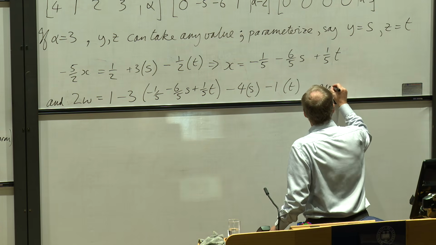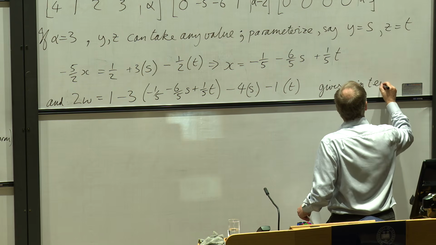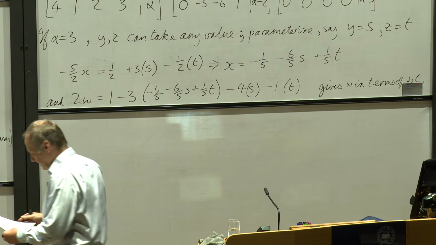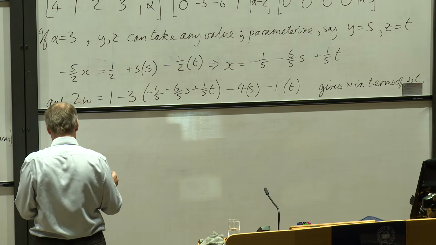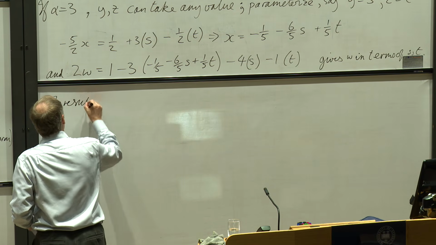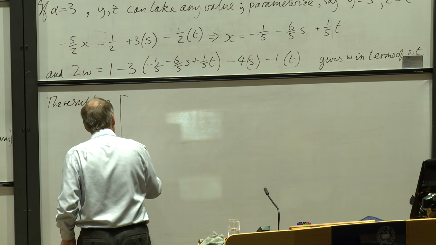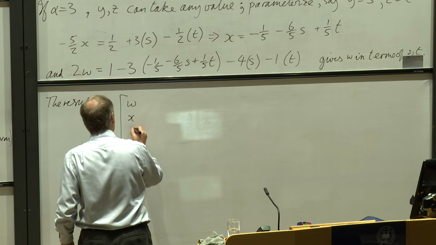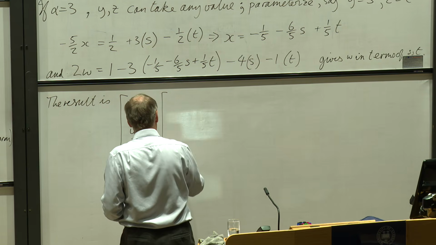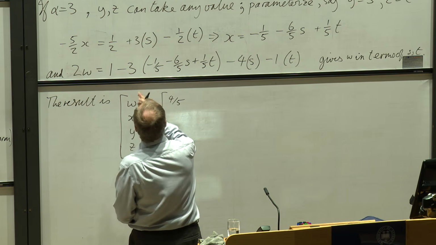And so this gives w in terms of s and t. And you can simplify it, but it's clearly giving me w in terms of s and t. Okay? So now I can write down the result. The result is that w and x and y and z is equal to, and then it looks like it's 4/5. Okay.